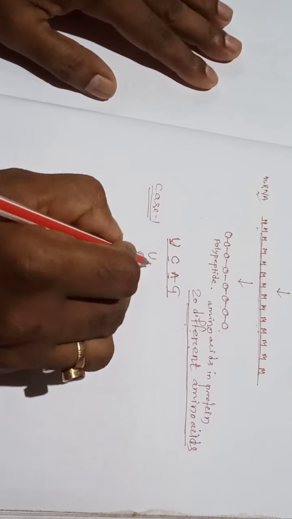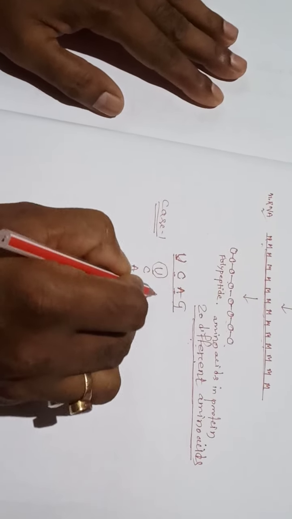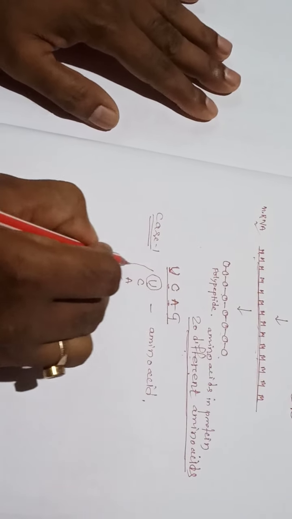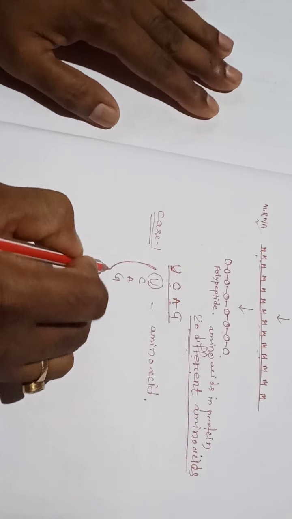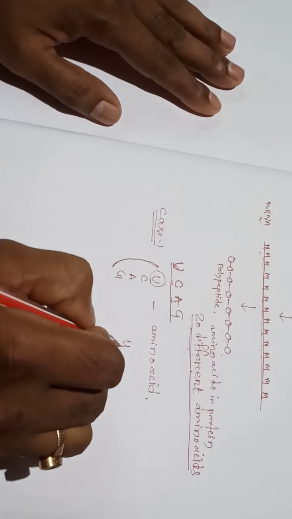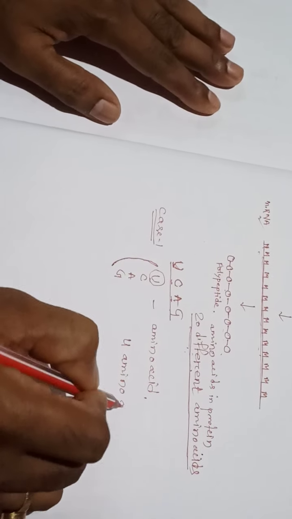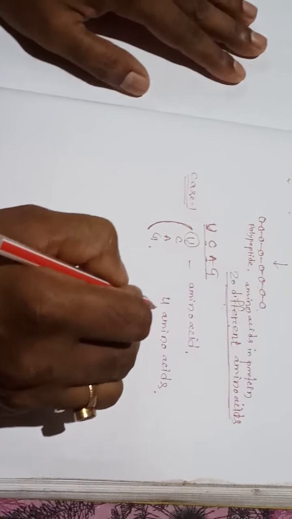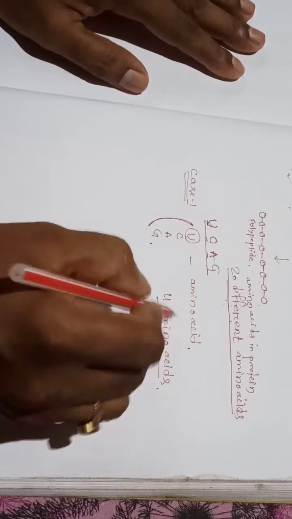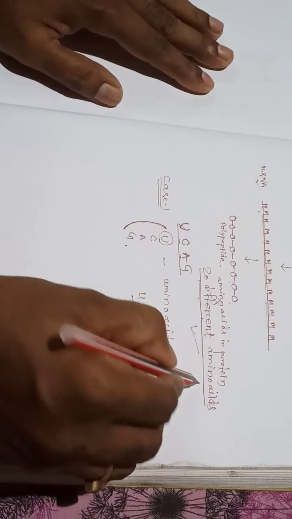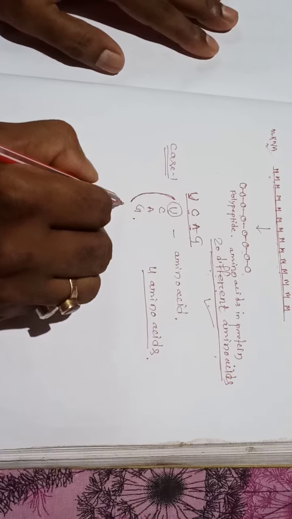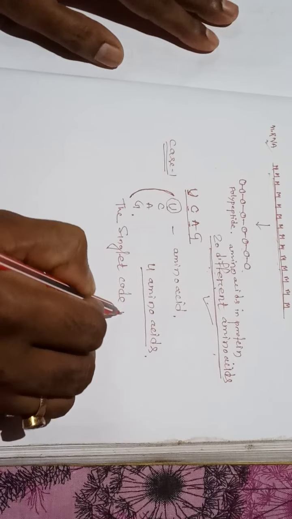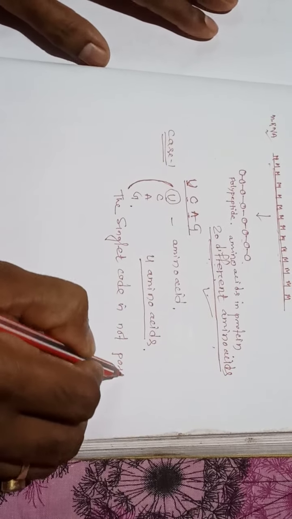If one nitrogenous base codes for one amino acid, then these 4 types of nitrogenous bases would code for only 4 amino acids, which is insufficient because in proteins there are 20 different types of amino acids. So the singlet code is not possible, right?